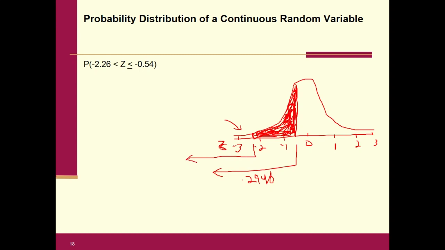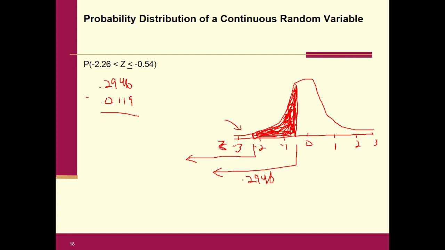And that turned out to be 0.0119. So we have 0.2946 minus 0.0119. Okay, let's see what we get here.